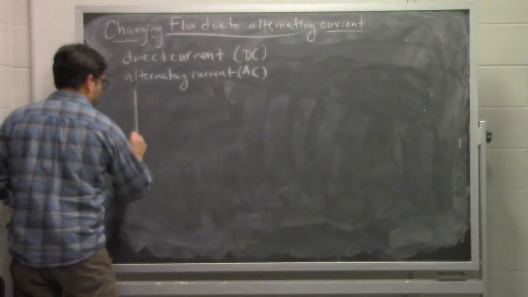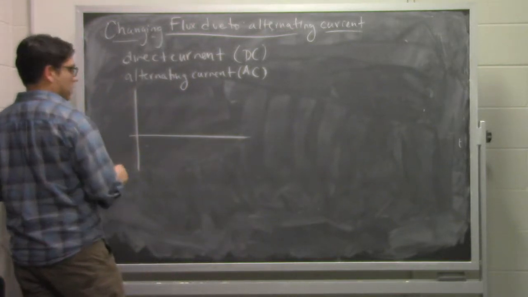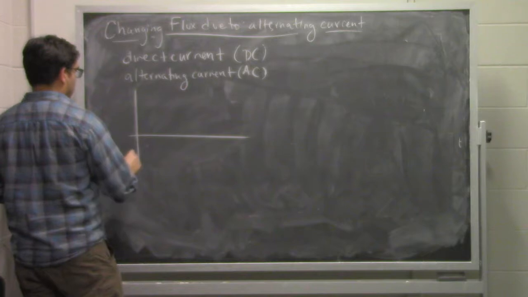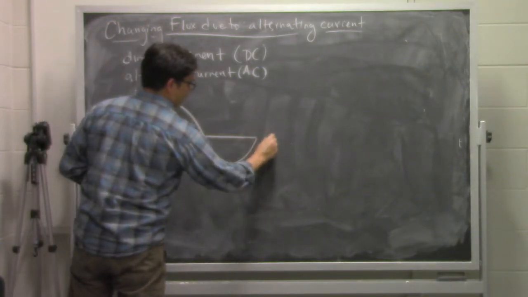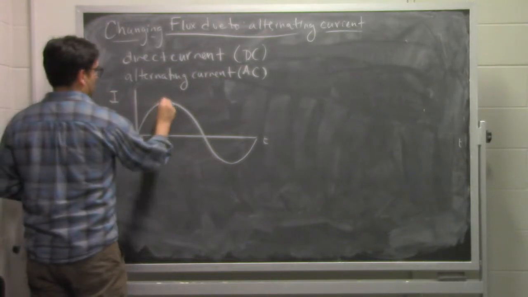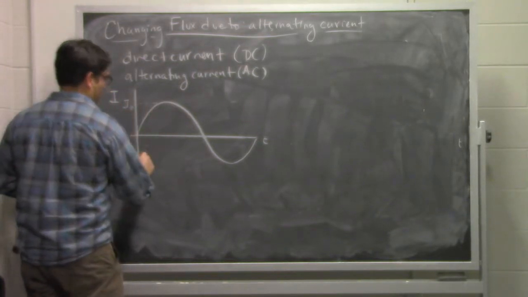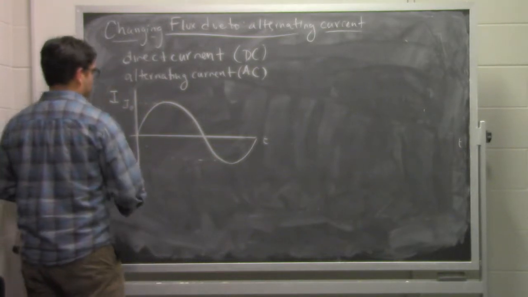Right, so the kind of current that we're going to be interested in is one that alternates between two points. Maybe it has some sinusoidal shape like this as a function of time. So here's a graph of the current as a function of time, and it has maybe some maximum I naught and some minimum minus I naught.